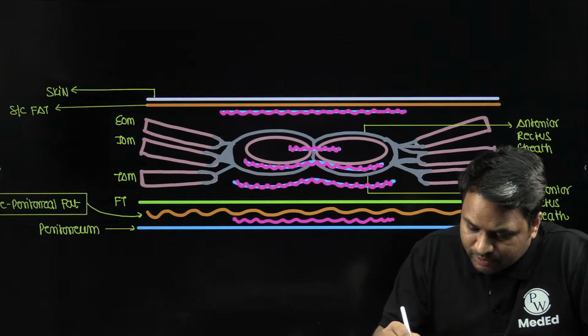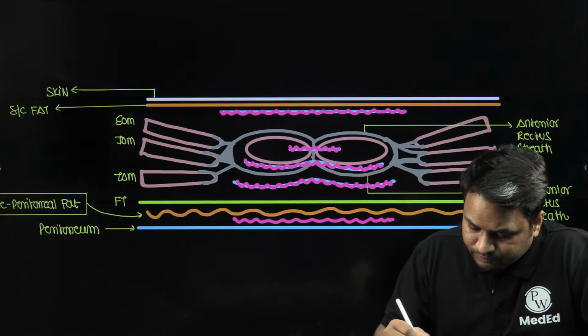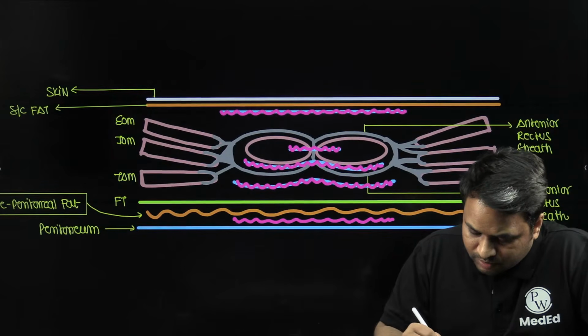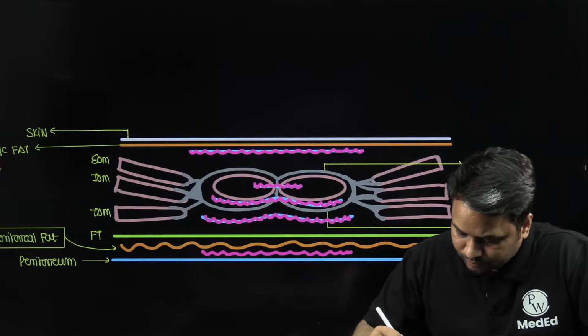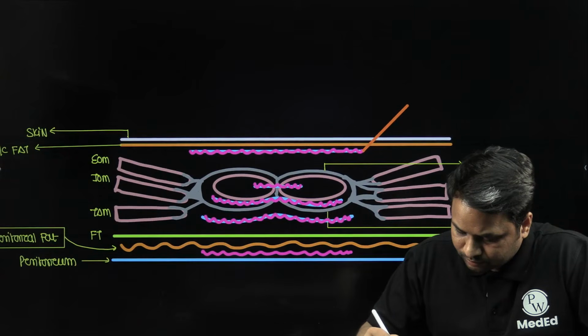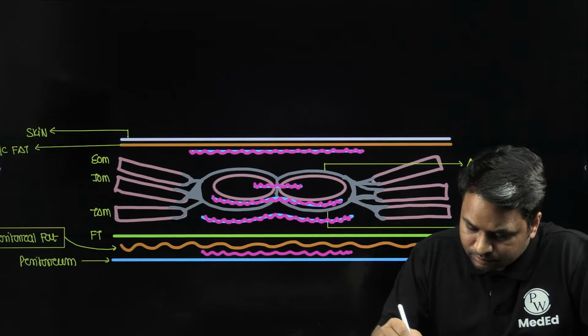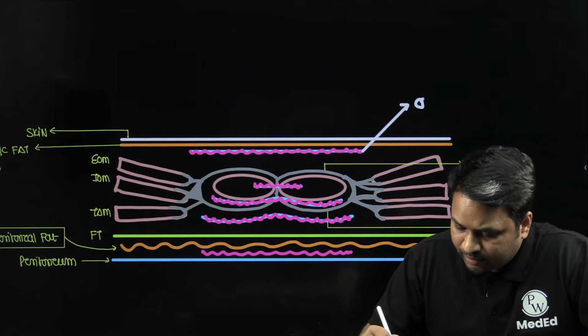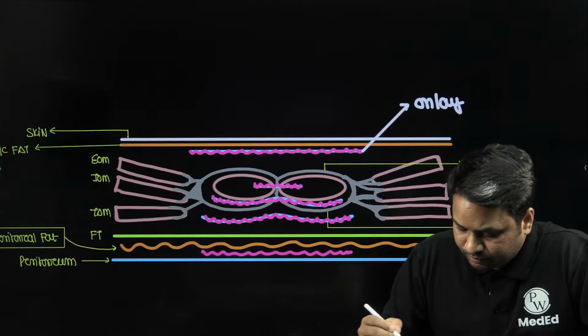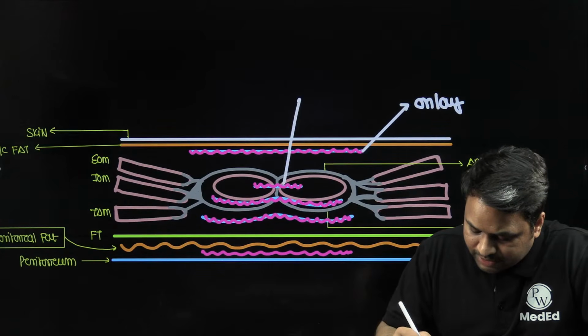So the first one that you can see here, this is what we call onlay. This is what we call the onlay mesh repair. This is what we call inlay.